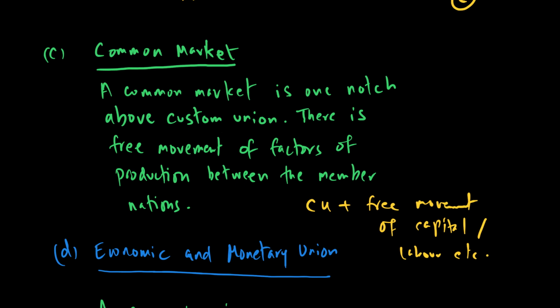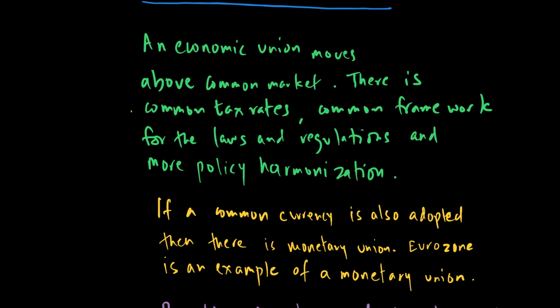Moving on, we go to the economic and monetary union. An economic union moves above a common market, because in an economic union there is not only a common tax rate, but a common framework for laws and regulations, and even more policy harmonization. So in an economic union you have all the features of a common market, which means a common external trade policy, no trade barriers with the members, and free movement of people and capital.